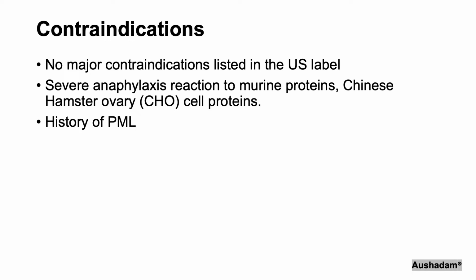There are no listed major contraindications in the US label, but based on other available data, people who have severe anaphylaxis to murine proteins, in other words, to mouse proteins, as it is a chimeric monoclonal antibody, meaning the antibody has a protein part which mimics a mouse sequence, and as this is a recombinant protein made in Chinese hamster ovary cells, anybody with a reaction to such proteins is also listed in contraindications in some literature.